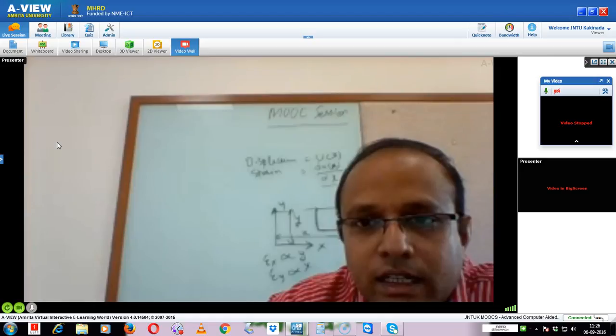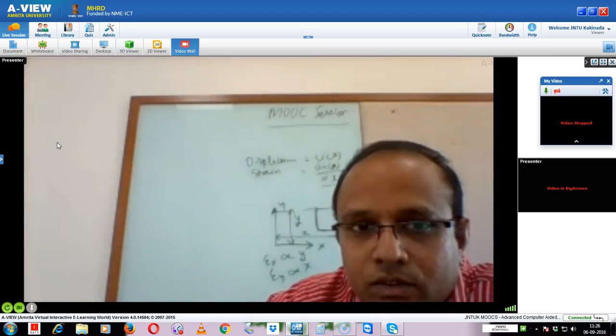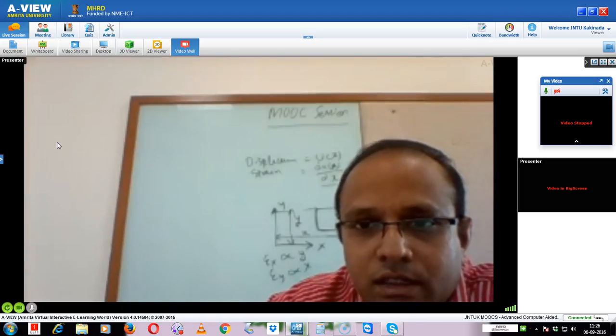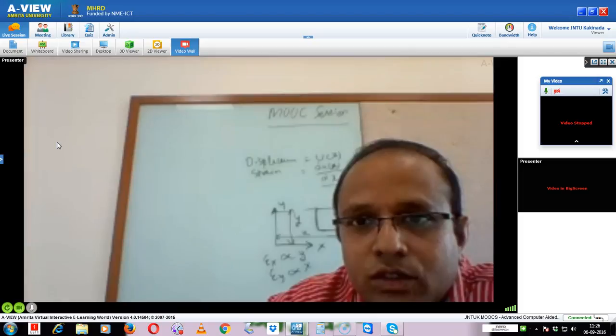So the second solid line's terms should be considered for the tria. Because it has 6 nodes, it should have 6 terms here. So this is how the quadratic formulation looks for a displacement field. For tria, this is the quadratic formulation.